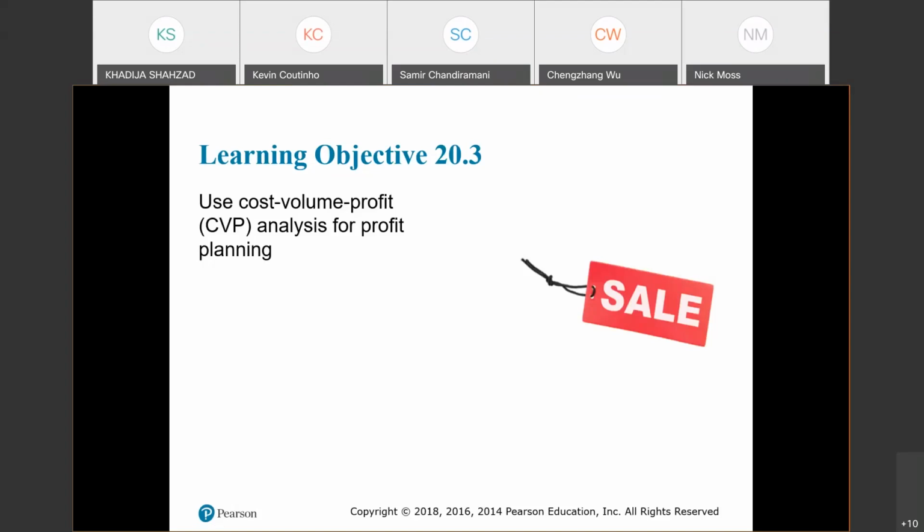CVP is also sometimes referred to as cost volume price analysis because changes in sales prices also affect the profit. Again, I will use our example, Smartest Learning, to continue demonstrating this point.